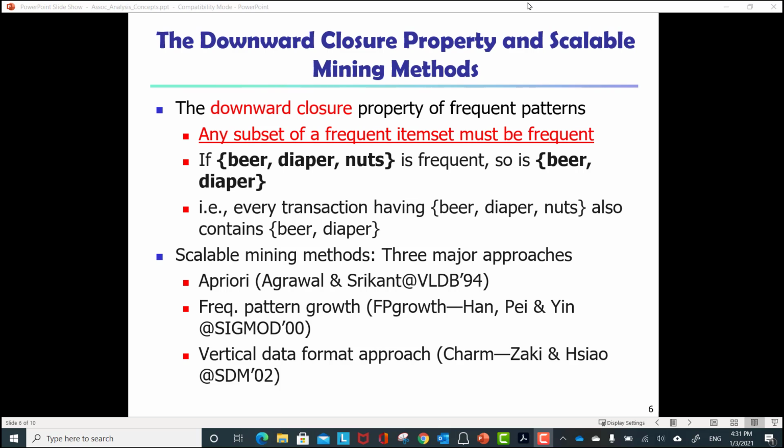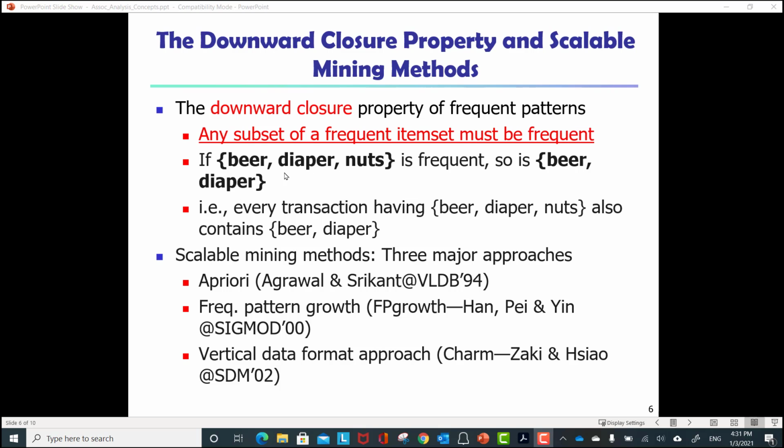The Apriori algorithm is based on the following seemingly obvious property: any subset of a frequent item set must be frequent. For example, if the set of beer, diaper, nuts is frequent, so is beer and diaper.